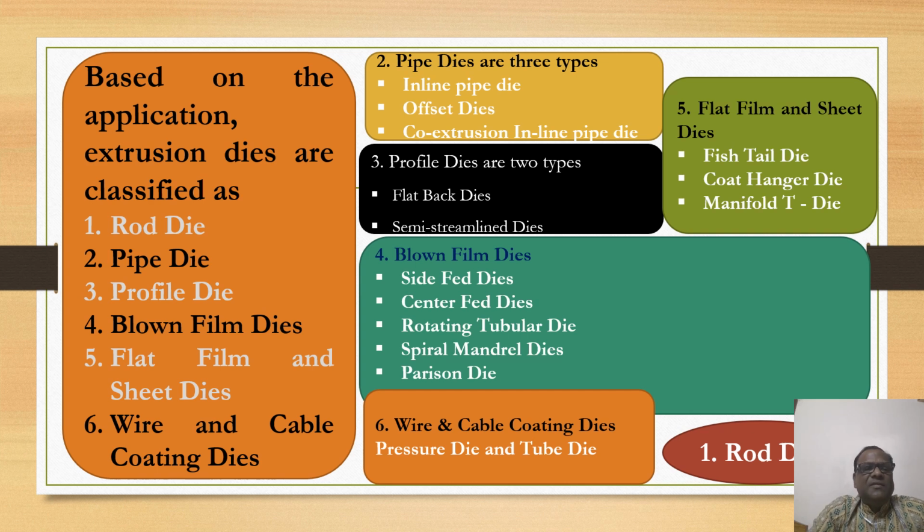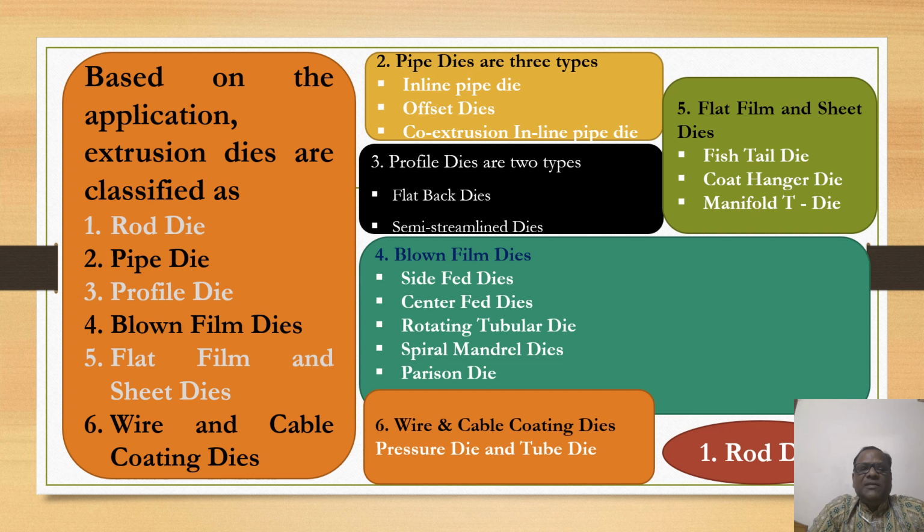So there are 6 types: rod die, pipe die, profile die, blown film die, flat film and sheet die, and the 6th one is wire and cable coating die. As I told already, rod die is only 1 type, but pipe dies are 3 types, profile dies are 2 types, blown film dies are 5 types, and flat film and sheet dies are 3 types: fish tail die, coat hanger die, and T design die or manifold T die.